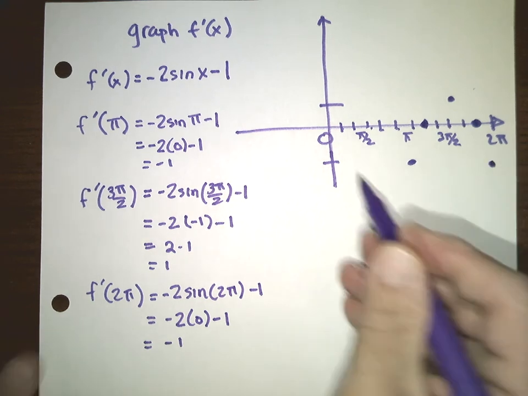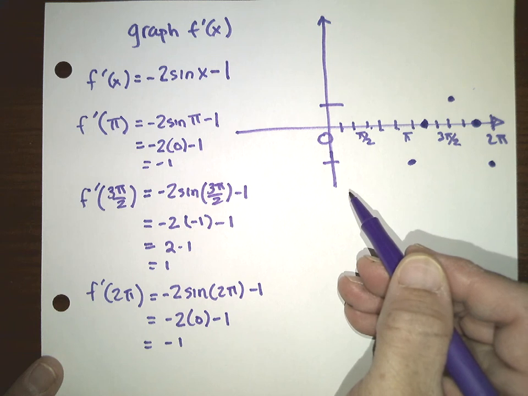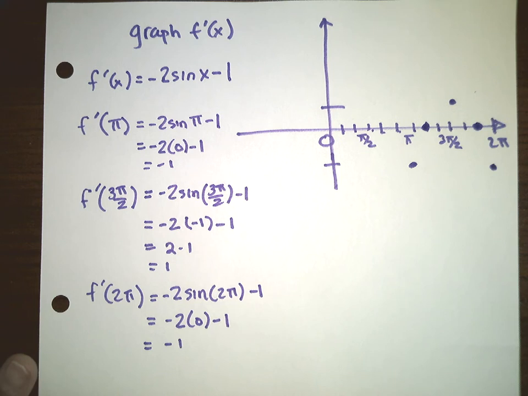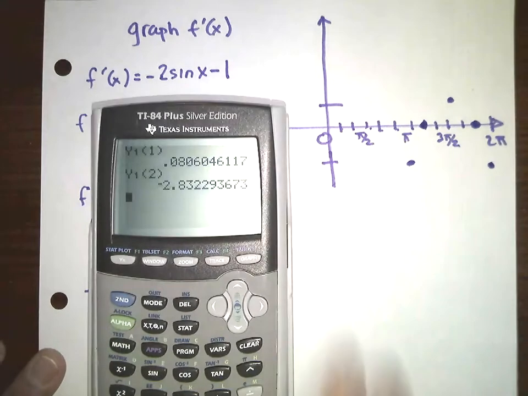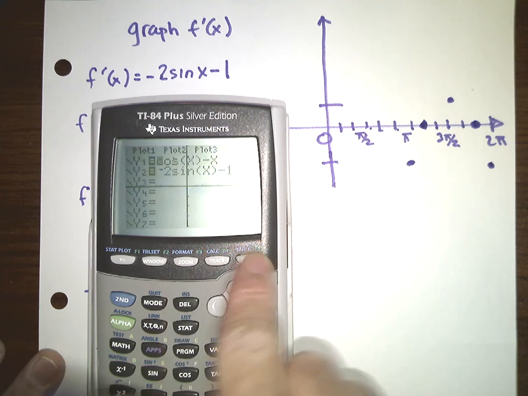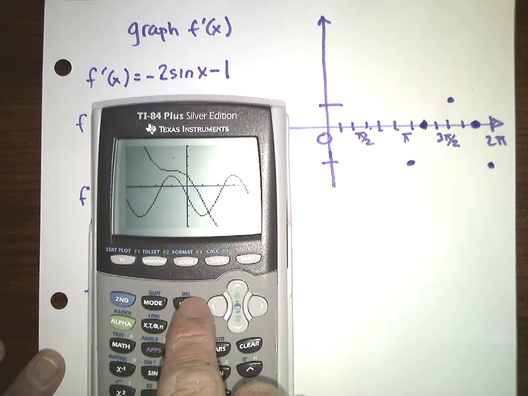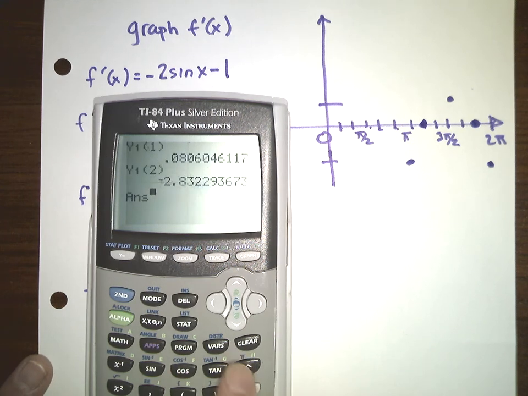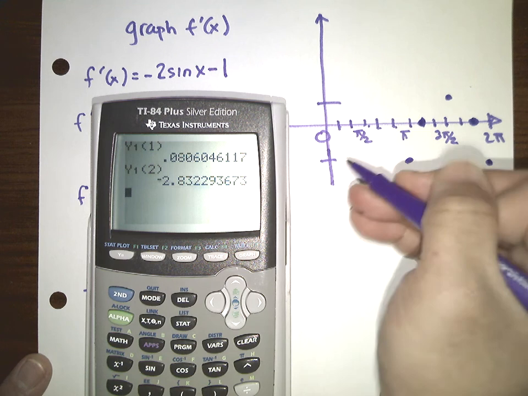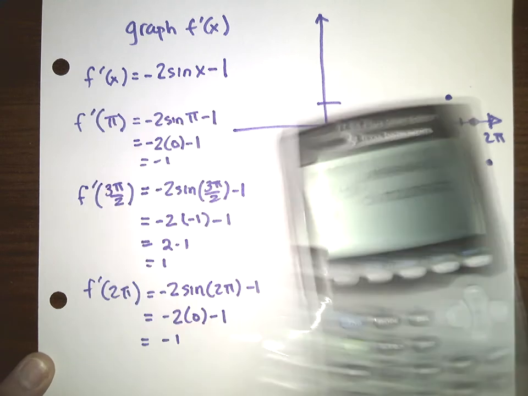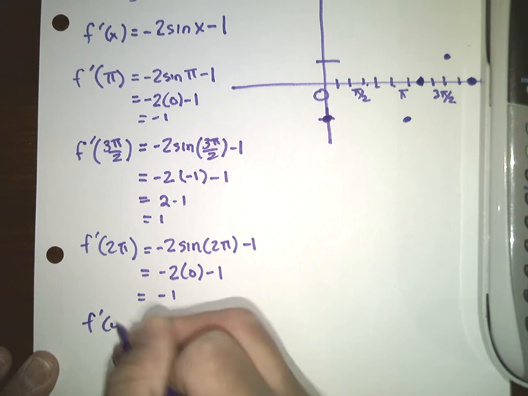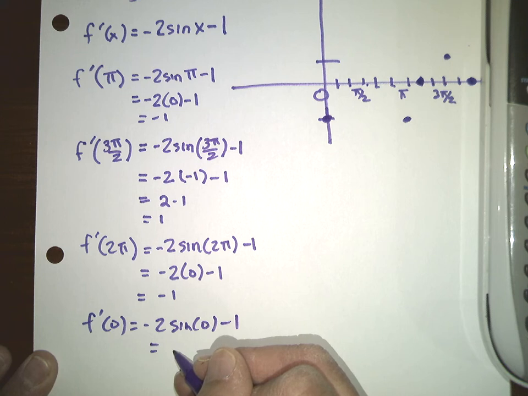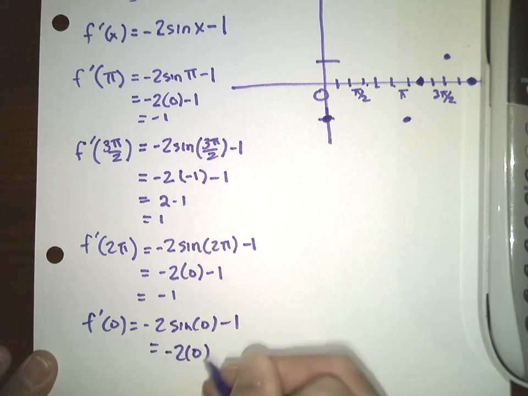And then even over here, if you want to know what is going on here, you could, but at the same time, f prime of 0 will be negative 2 times 0 minus 1, which is negative 1.